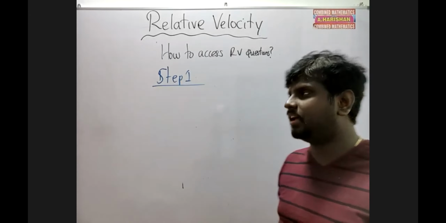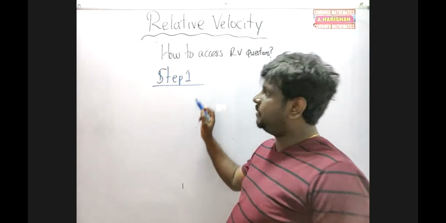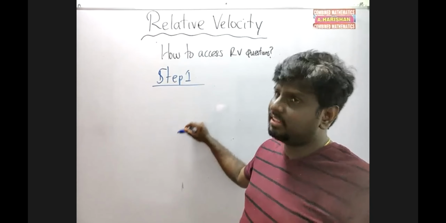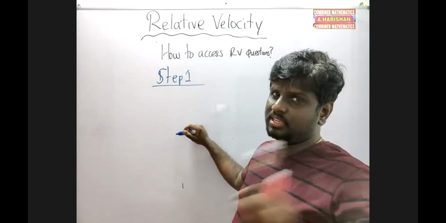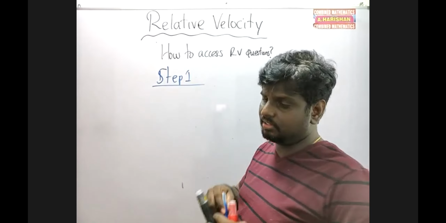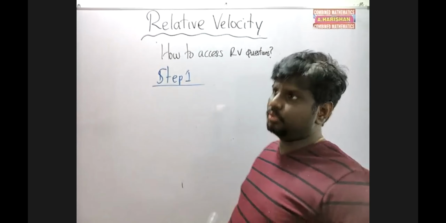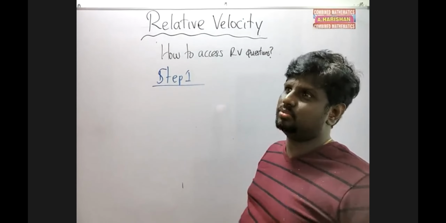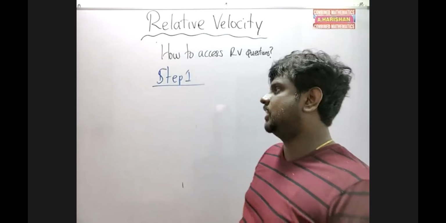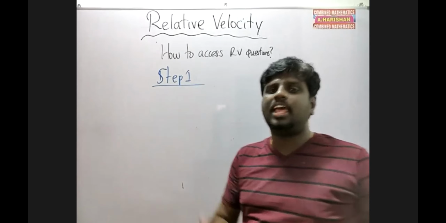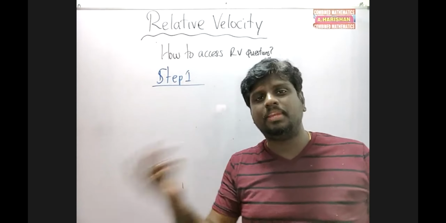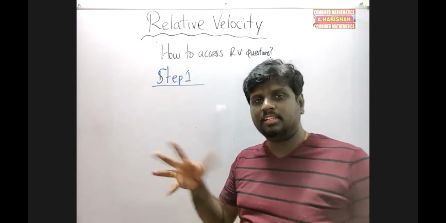No, actually, reading the question means reading the scenario. Whatever questions are given to you on a paper are scenarios, maybe a story or something like that. Those stories or scenarios must be converted to mathematical form.